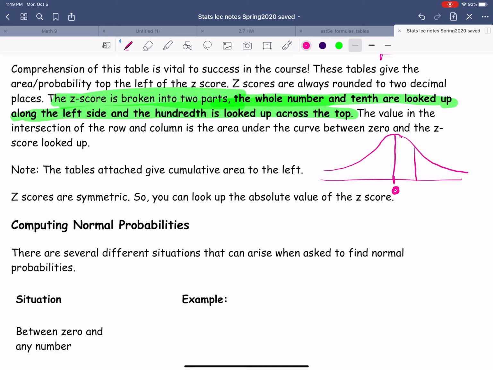And then you are 1 standard deviation above, 2 above, and 3 above. Then you're 1 standard deviation below, 2 below, and 3 below. Beyond that, there's almost 0% of the area. There is a very small amount of area to the left of -3 and to the right of +3 standard deviations.